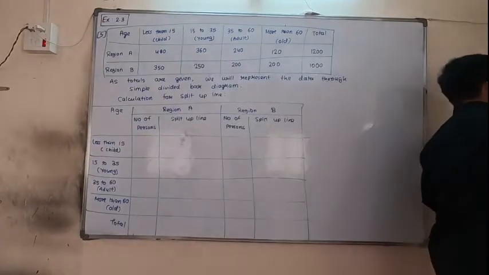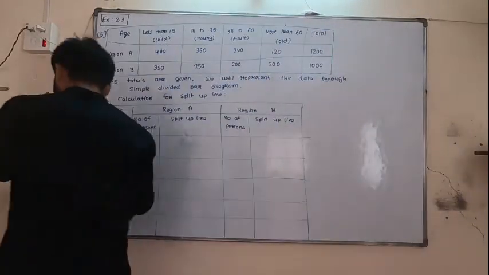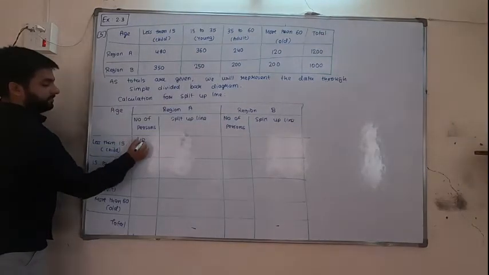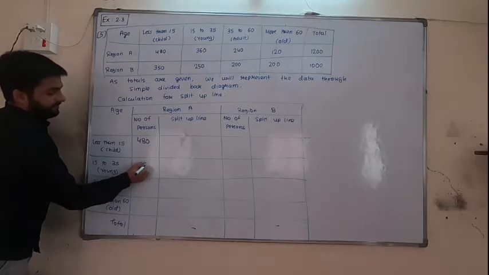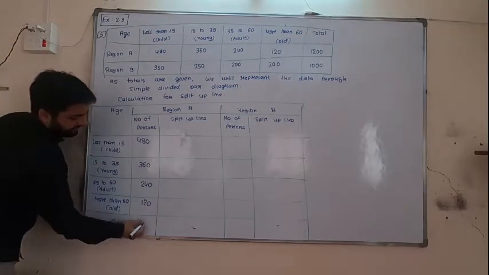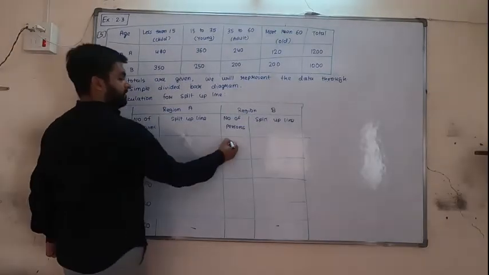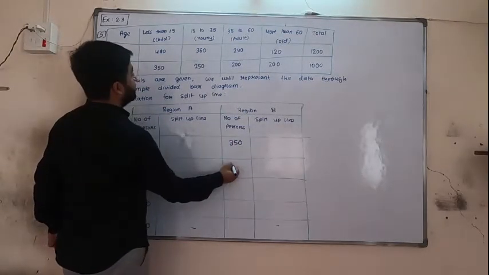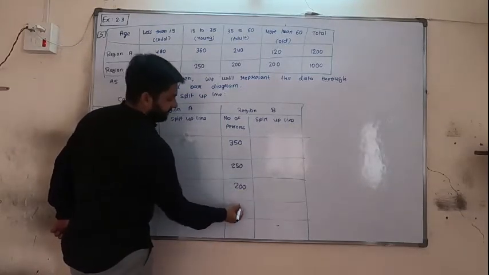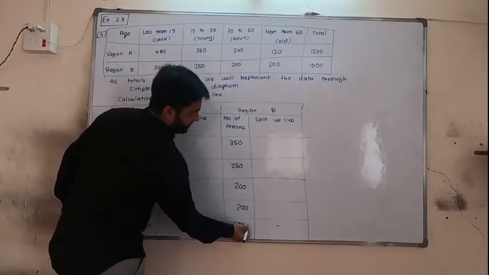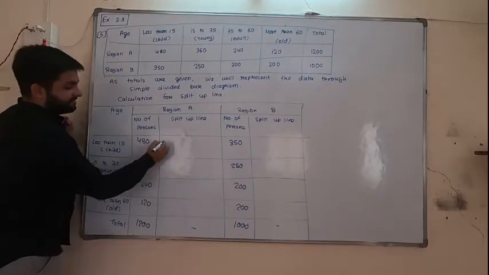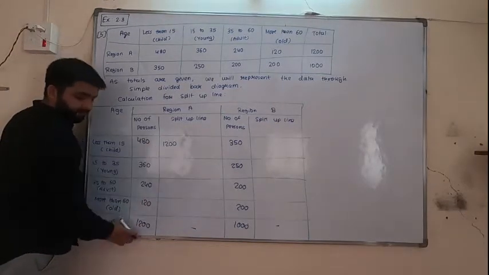Now we are writing the data. Here totals are not required. Okay, 480, 360, 240, 120, 1200, 350, 250, 200, 200, 1000. Okay friends, now we are starting with the total, that is 1200.